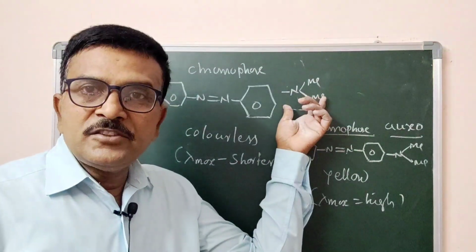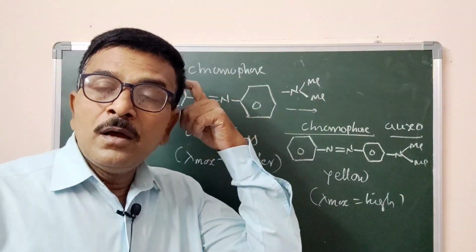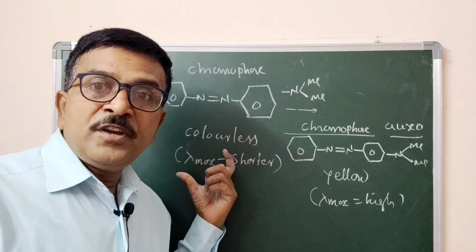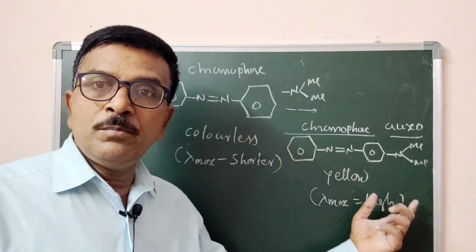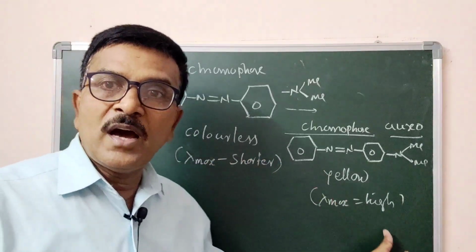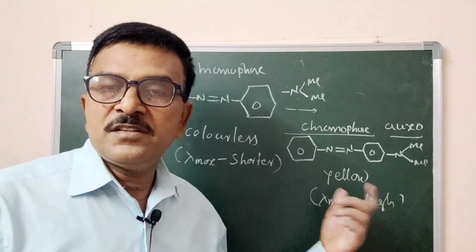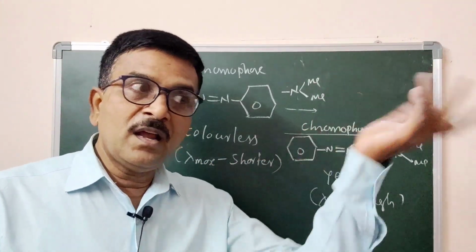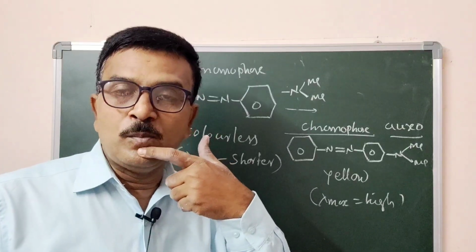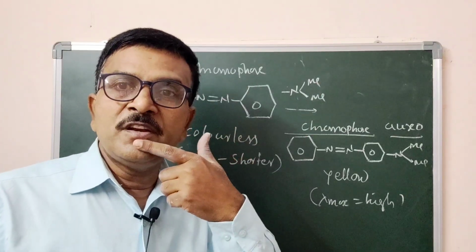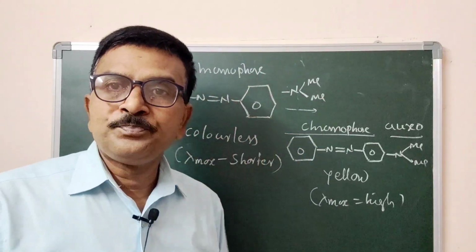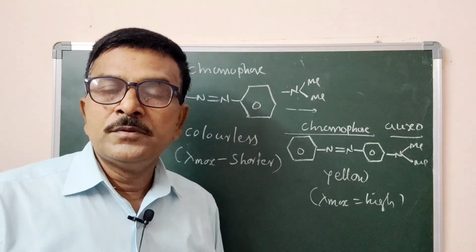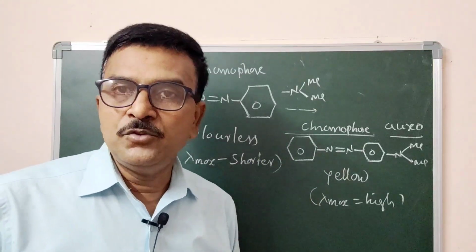A simple introduction of an auxochrome into the molecule shifts absorption from the UV region to the visible region, that is, from shorter wavelength to longer wavelength. Hence it is called a bathochromic shift. Longer wavelength shift is called bathochromic. Why a bathochromic shift? Due to the introduction of either an auxochrome or extending the conjugation.